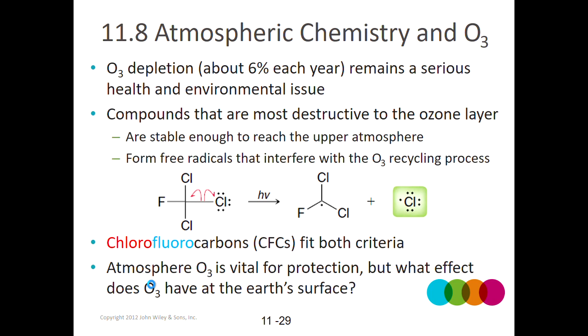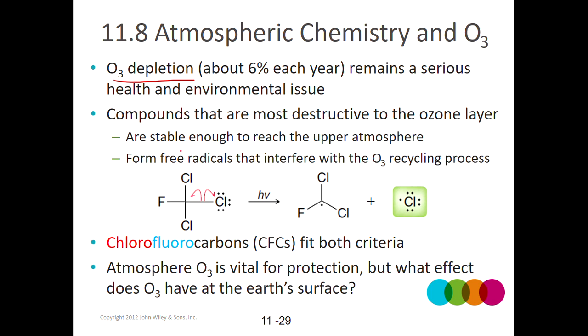So humans have been causing a depletion of the ozone layer. I think in recent years, it's started to kind of heal itself because we've really cut down on the amount of radicals that we allow to reach the upper atmosphere now that we understand this problem in more detail.